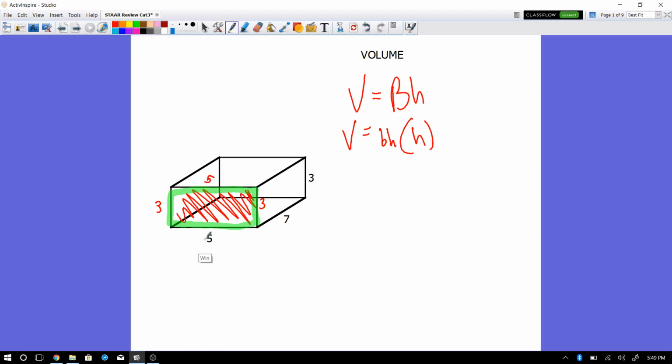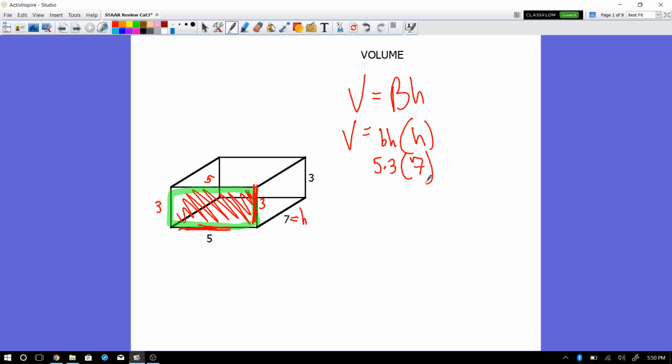Base of the rectangle was 5, and the height of the rectangle was 3. So we've got 5 times 3 times the height, which is the distance from the front to the back, or the distance from whatever base you chose to its parallel side. So in this case, it's going to be 7.